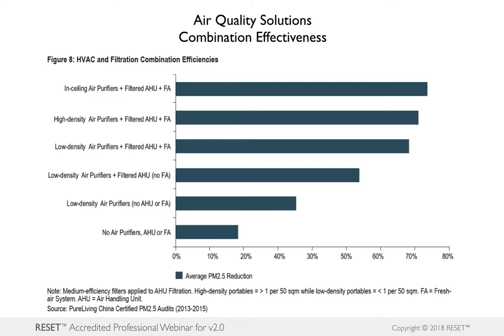And then this is another really juicy piece of information. There's a lot to look at on this slide, but this study with Pure Living is trying to delve into and discover what is the most affordable and effective combination of technology. So if we're trying to get an average reduction, what can we use in combination to actually get there? And again, this is pointing to that decreasing focus on solo systems that are trying to filter all by themselves, or centralized air handling units that are trying to handle all the filtration needs all alone.